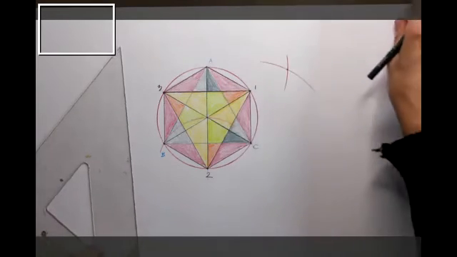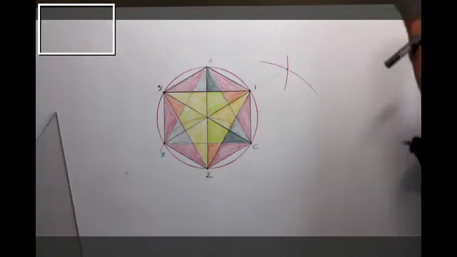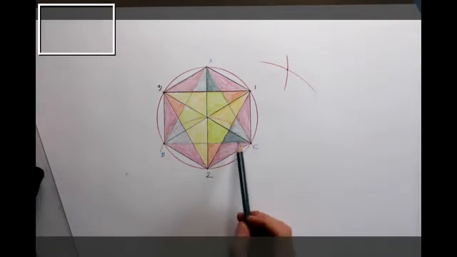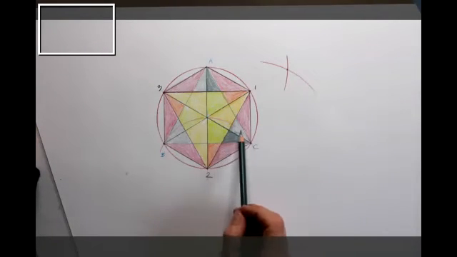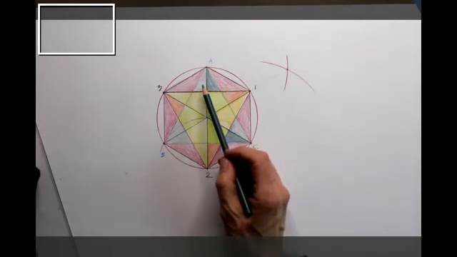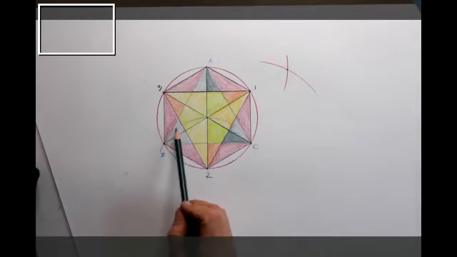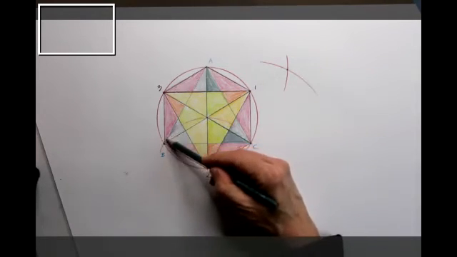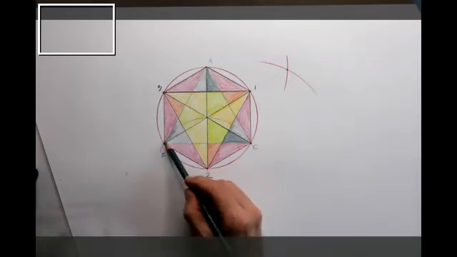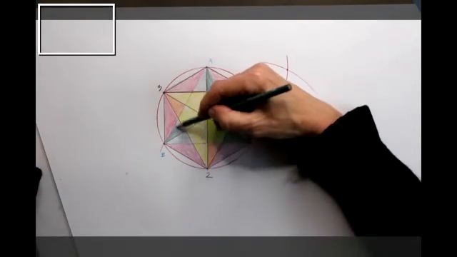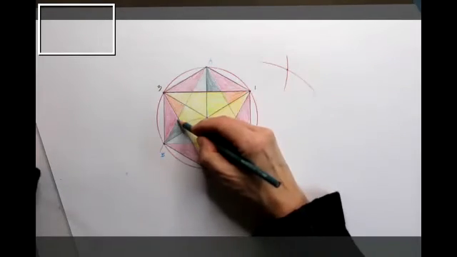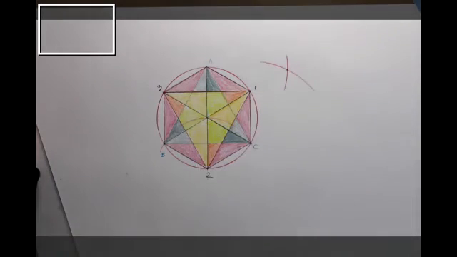It might be easier to actually turn your paper if you start to get confused, but you can see that I've got two darks here with a light in between. So I would skip over this one and shade this one to leave the light in between these two. So a slightly more complex pattern.